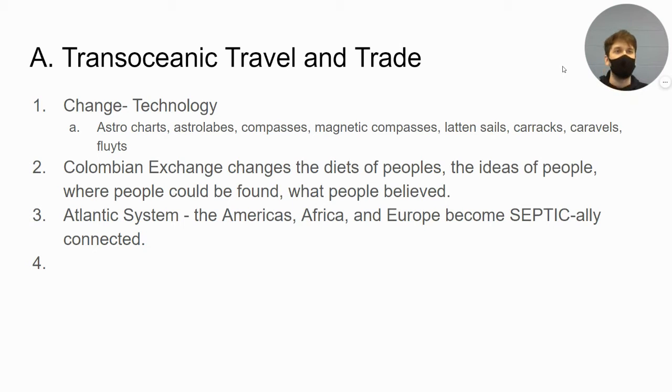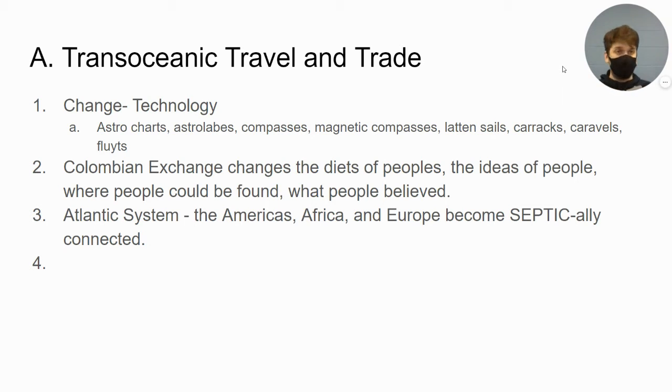Another remarkable change would be what's called the Atlantic system. Up until 1500, the world had been separated into Afro-Eurasia and the Americas. There was the Atlantic Ocean between these two regions, and the Pacific Ocean, obviously. Those geographical barriers prevented the Americas from largely interacting with Afro-Eurasia. But because of technological developments, now Africa, America, and Europe were more connected through the Atlantic Ocean.